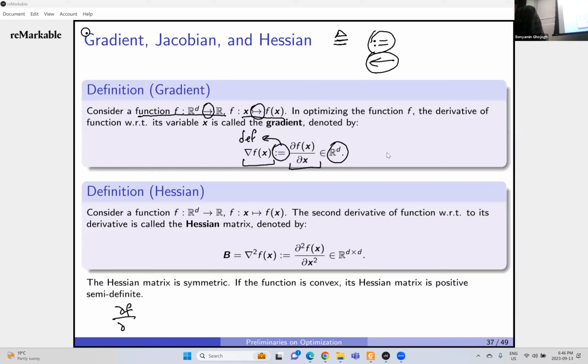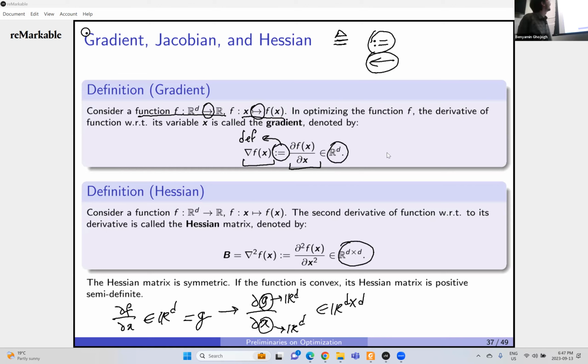The derivative of f with respect to x becomes a vector, I call it g. Now I need to take the derivative of g with respect to x again for the second order derivative. This g is d-dimensional, and this x is also d-dimensional. According to our analysis, it becomes a d by d dimensional matrix. Therefore, the Hessian is d by d.